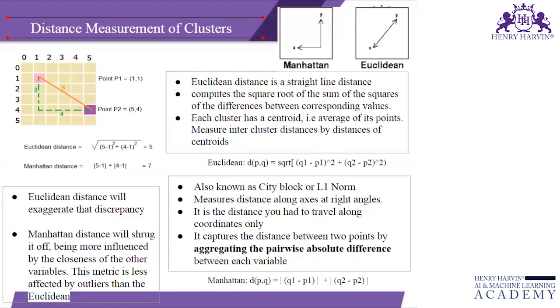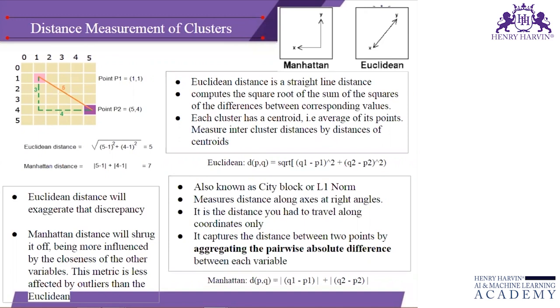Then there is Manhattan distance. Manhattan distance is also known as city block or L1 norm, wherein it measures distance along the axes at right angles. So why is it called Manhattan distance? It calculates the distance that will be traveled along the coordinates only.